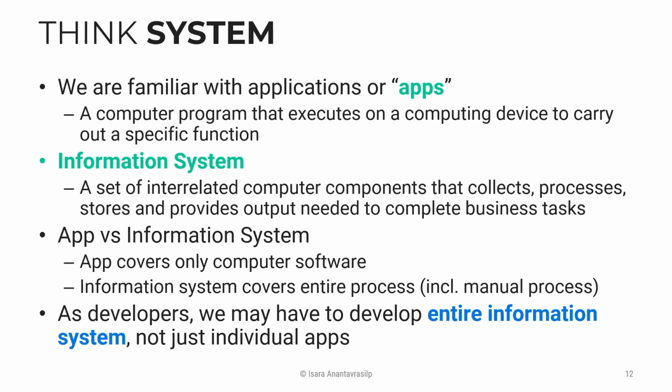Sometimes we call that an information system, which is a set of interrelated computer components that collect, process, store, and provide the output needed to complete a business task. So basically it covers everything from the front end to the back end, to the database management system, to the file server, to the cluster, and then comes back, processes something, and sends the output back to the user, to the front end.